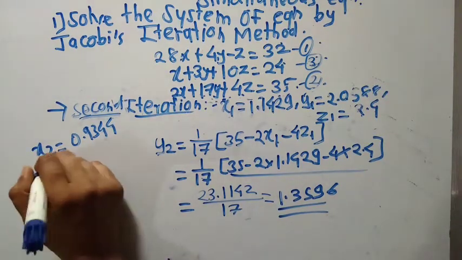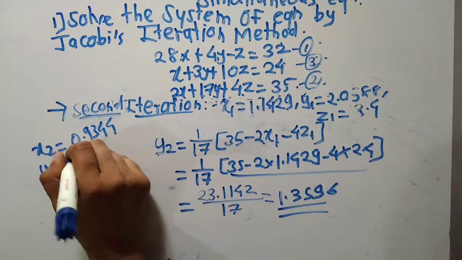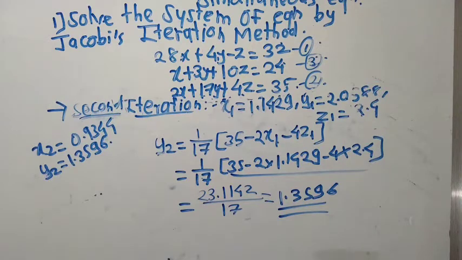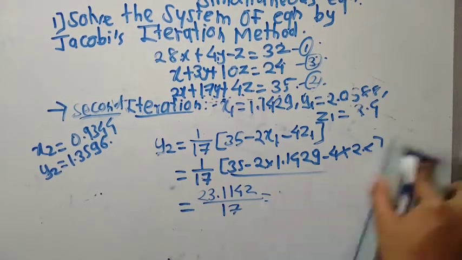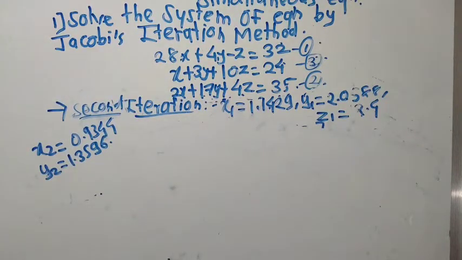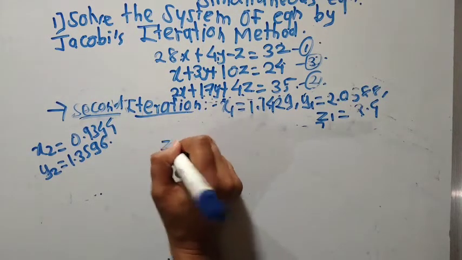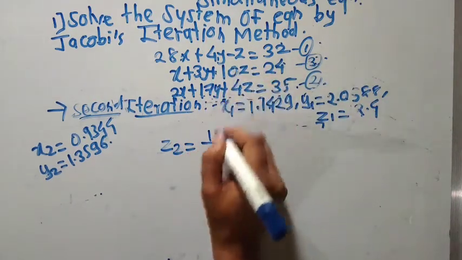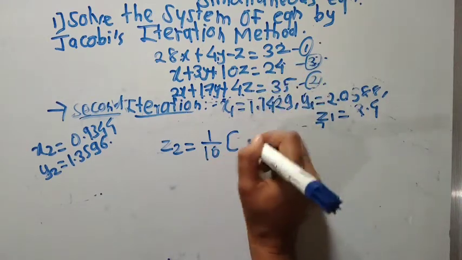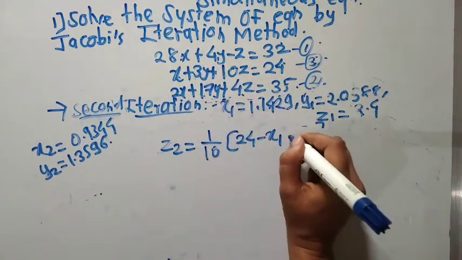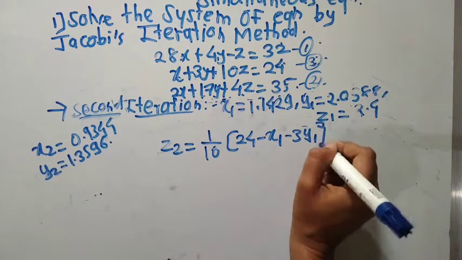So y2 is equal to 1.3596. Then find out z2. So z2 is equal to, the third equation, coefficient of z is 10, 24 minus x1 minus 3y1.